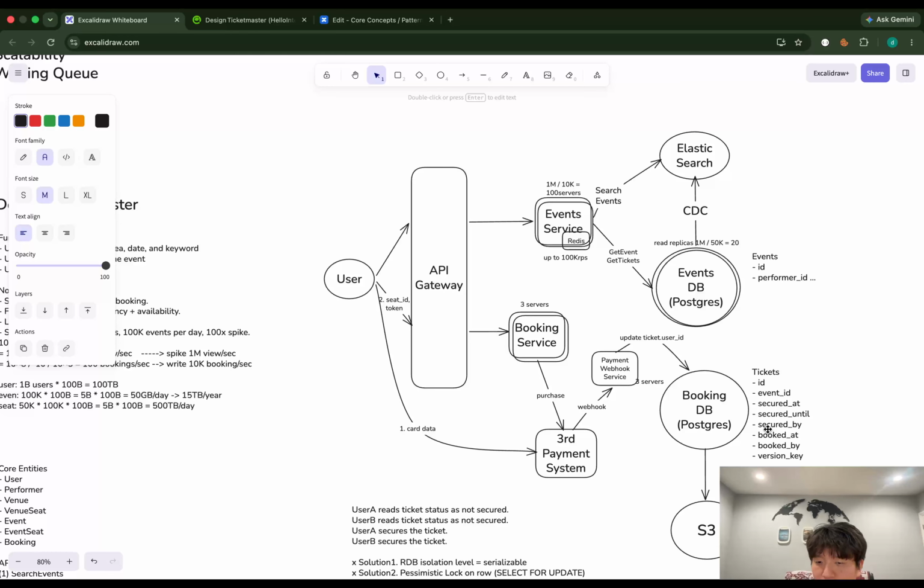Typically the use case is that user takes a look at the past booking ticket records. So the query pattern becomes per user. So maybe we can put the booking, seat or ticket records per user.